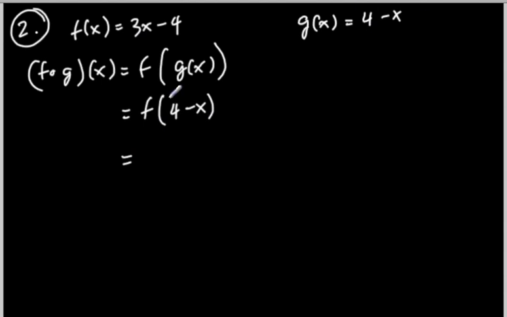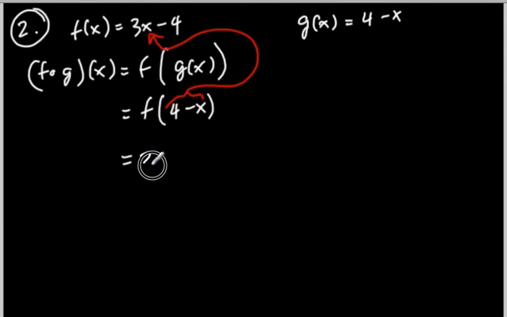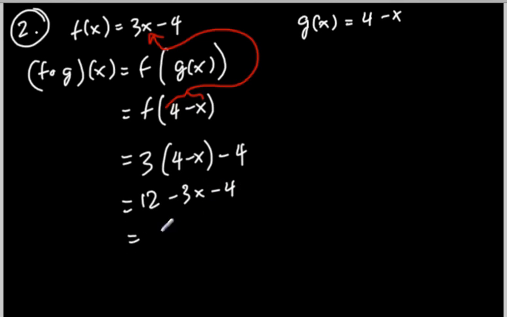Once again, I literally plug it into there, and that becomes 3 times (4 minus x) minus 4. That's where this 3 is. This x is replaced with the argument, and the minus 4 comes there. So it's 12 minus 3x minus 4, which is equal to 8 minus 3x. And that's what f of g is.